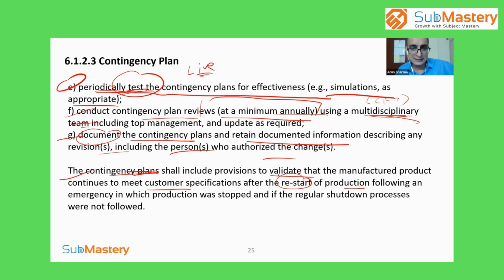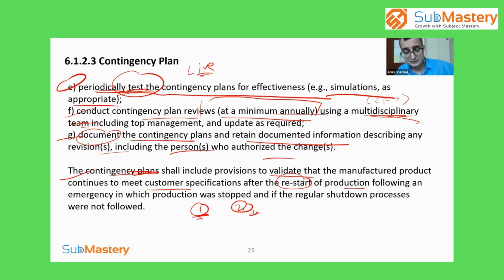What is the meaning of this? The meaning is that if you are following any contingency, that contingency should also be effective. And when we are coming back from the contingency to the original plan, it should not affect product conformity. Let's say, for example, you have two compressors. When the first compressor was not working, your second compressor is working.